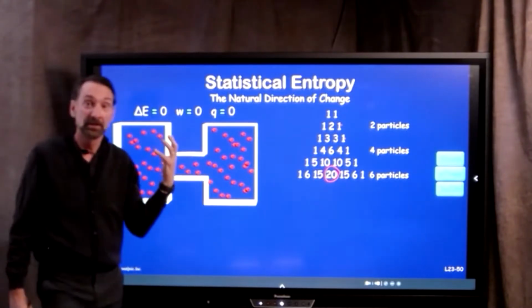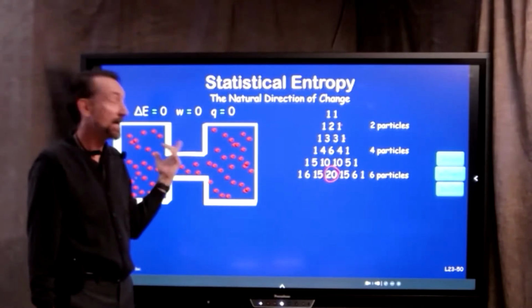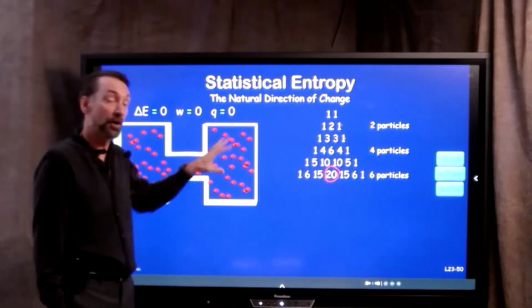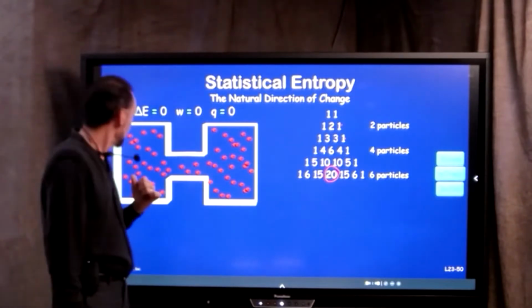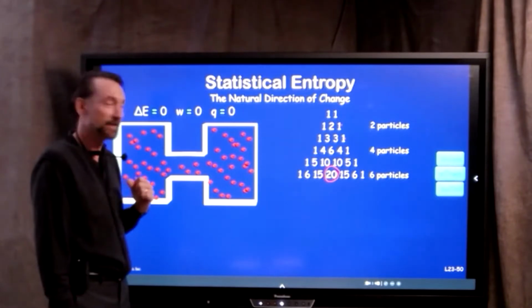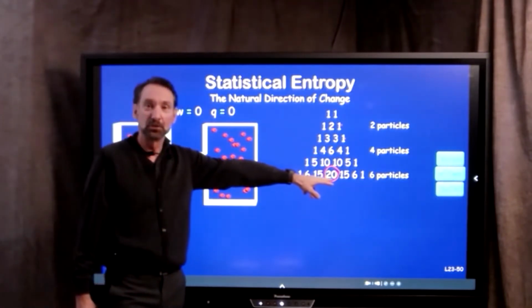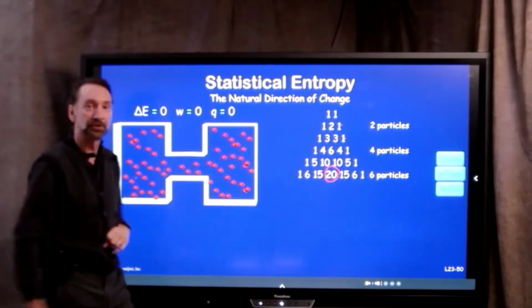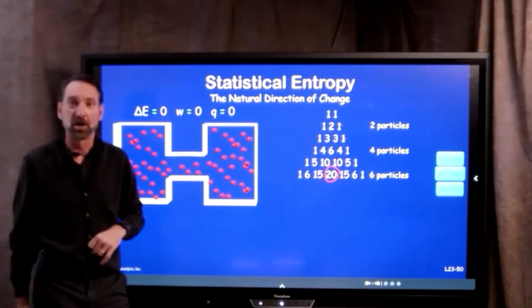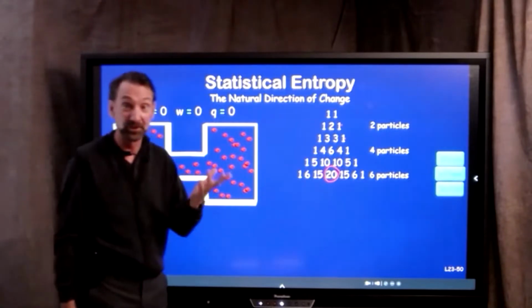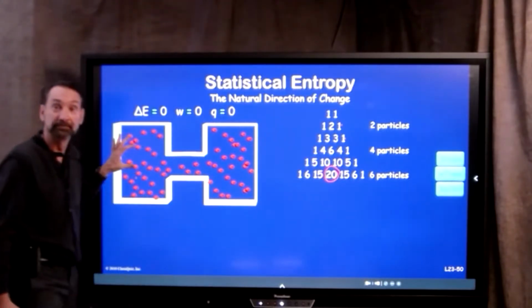So if you look over at that thing with those particles moving around and you look once per second, 20 times you'd see them distributed equally across, and 1 time out of 20 you'd look and see them all on one side.